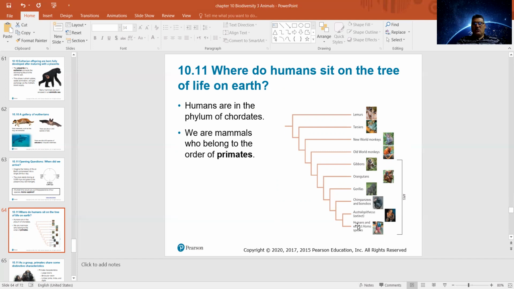So humans are the most advanced, and you're going down, advancing. The first four actually are not considered apes. Apes start from the gibbons, but before that, they are a type of primates, but not considered apes yet.